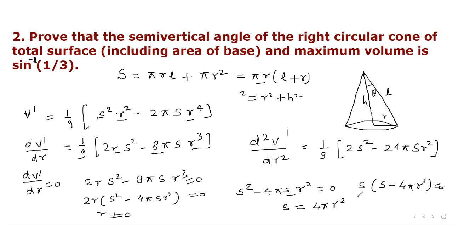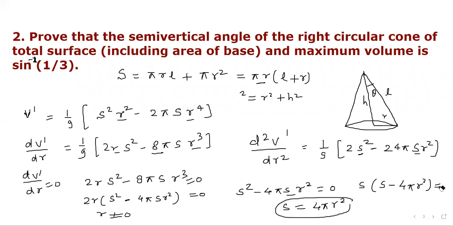Now let's check the value of the second derivative when s equals 4 pi r square. Here s square will be 16 pi square r power 4, and here we have 4 pi r square.